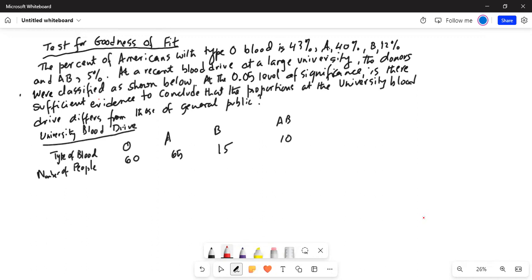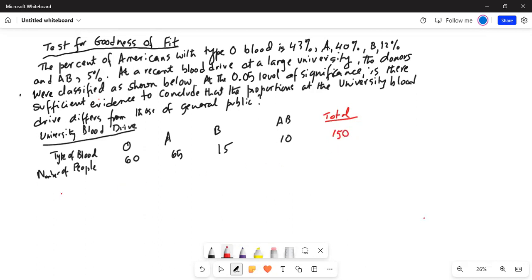Okay. So first, we will total the number of donors at the university blood drive, which is 60 plus 65 is 125, plus 15 is 140, plus 10 is 150. Okay.